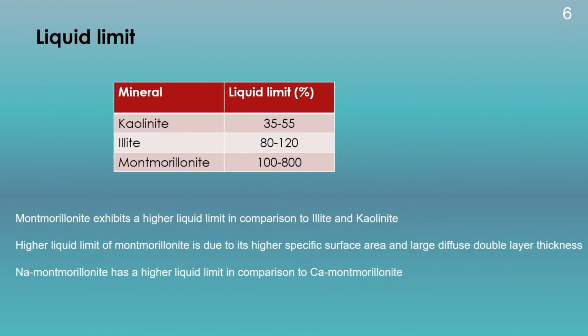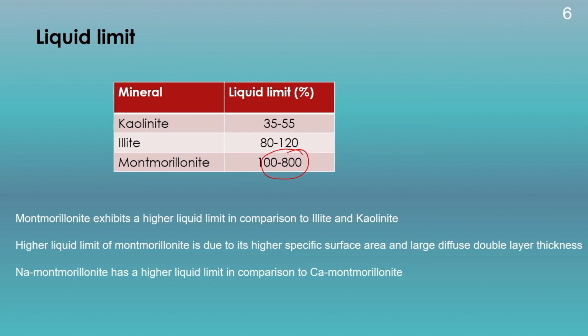First, I will start with the liquid limit. As defined earlier, the liquid limit of a soil is the minimum water content at which the soil starts to gain some shear strength, and depending on the type of mineral, the liquid limit will also be different. Mostly the liquid limit is controlled by the viscous diffuse double layer water.